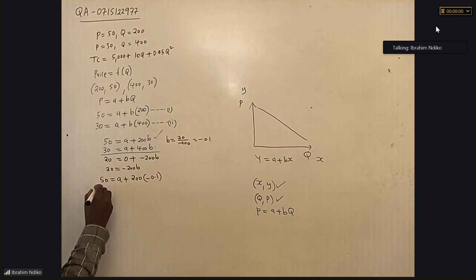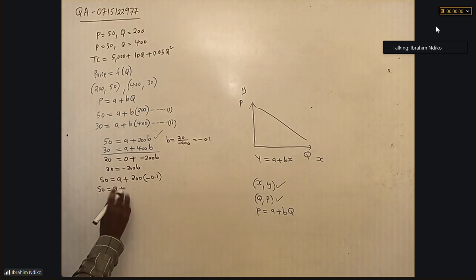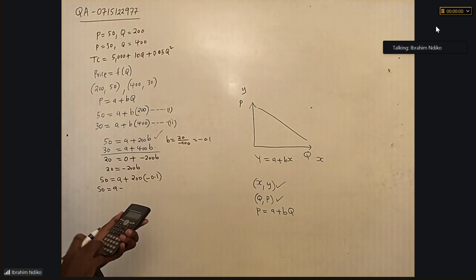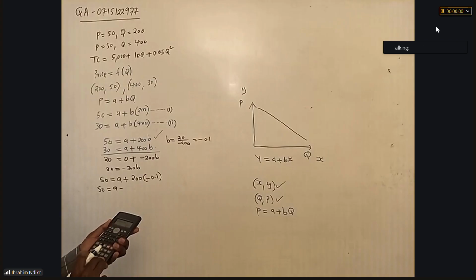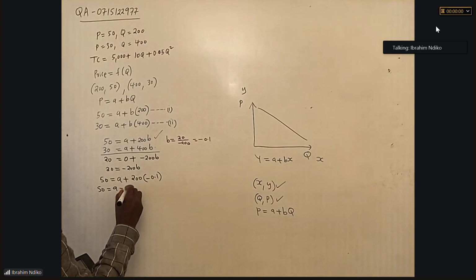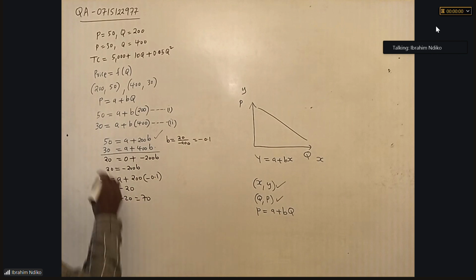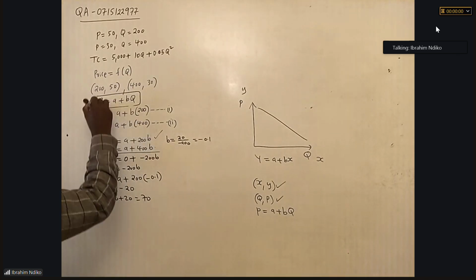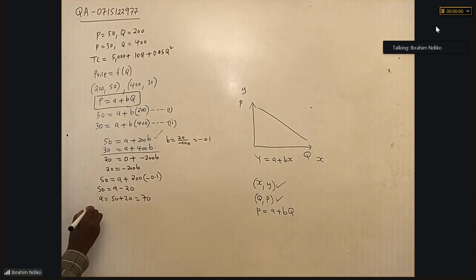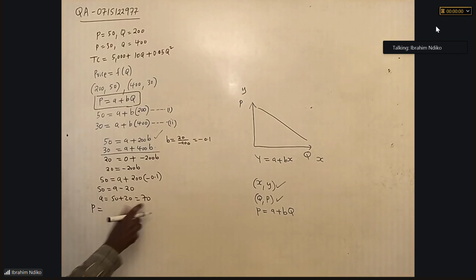So 50 equals A minus 200 times 0.1, minus 20. So A is equal to 50 plus 20, which is 70. So meaning our demand function, this one, is our demand function. P is equal to A, which is 70, B is minus 0.1Q.